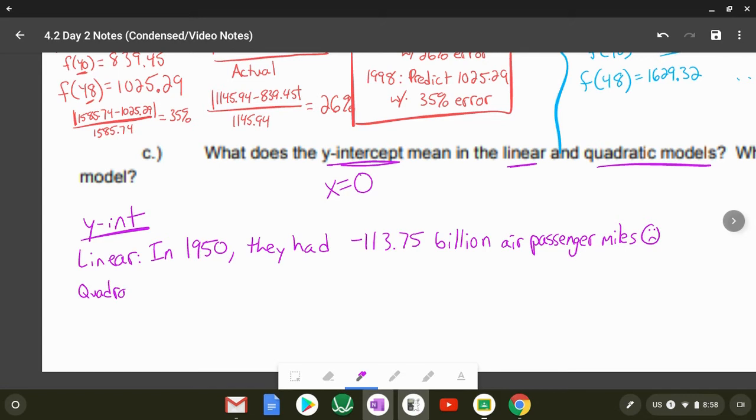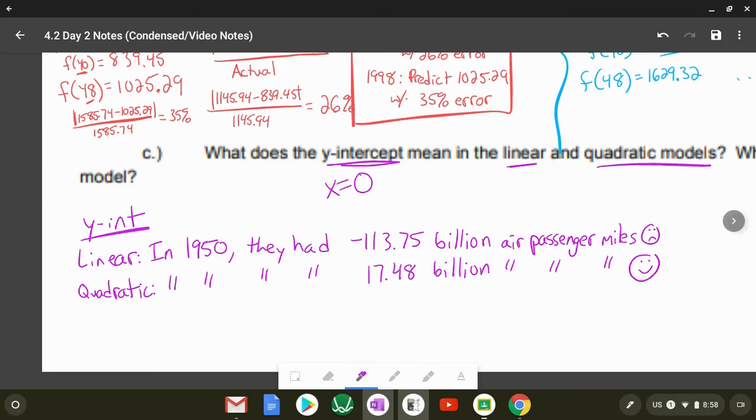So for the quadratic model, we can do the same thing. In 1950 they had, but this time, 17.48 billion air passenger miles, right? And in this one, it makes a lot more sense. They're starting at 1950 with 17.48 billion air passenger miles.